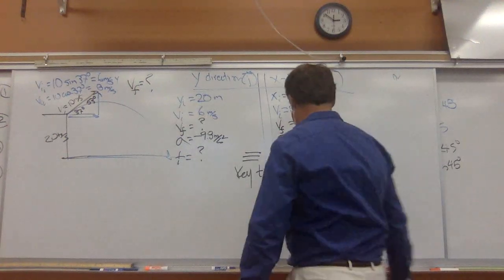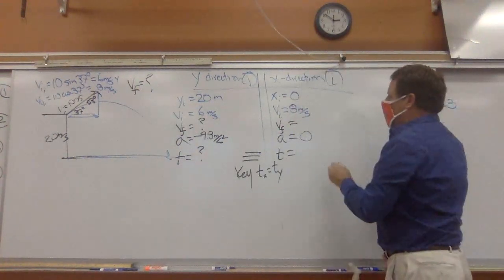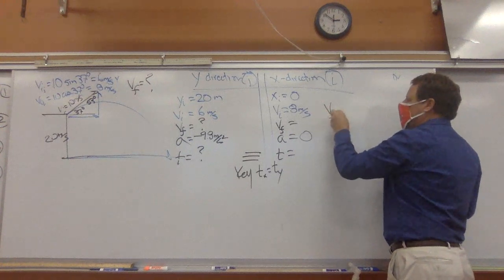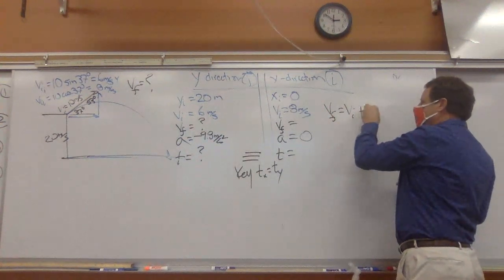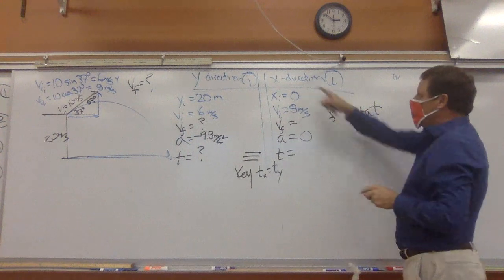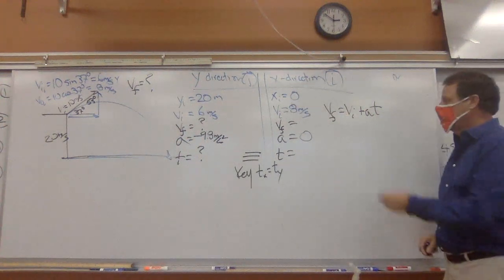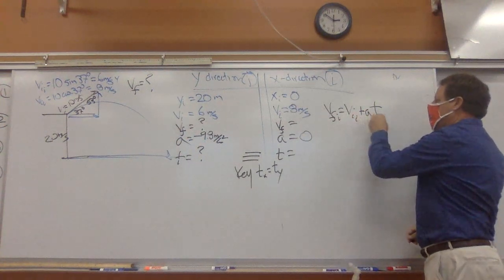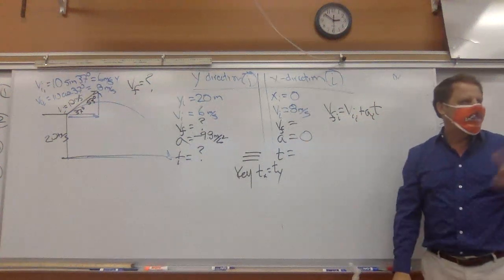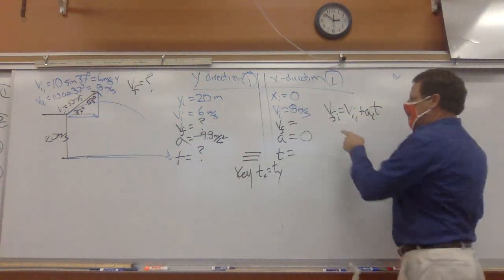So that's kind of where I was headed. So now we're going to say V final is equal to V initial plus AT. Now this is all in the x direction, okay? So we could say i as well. Okay, that just gives us our direction.